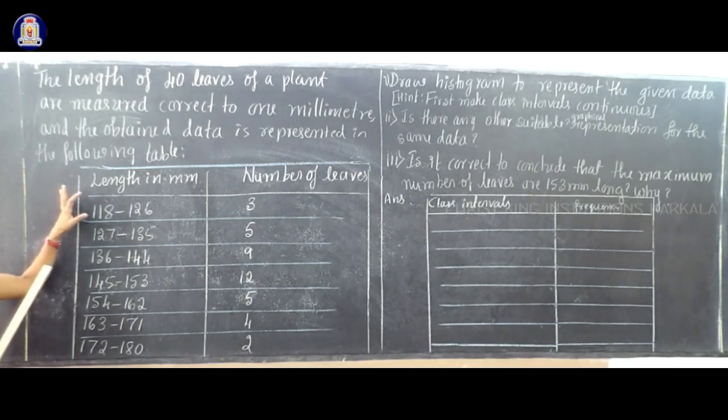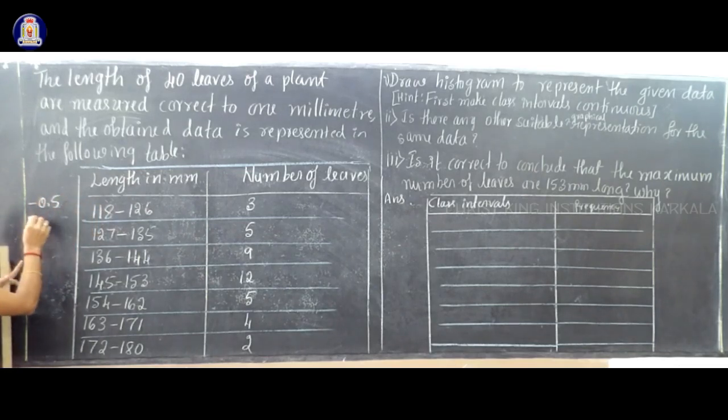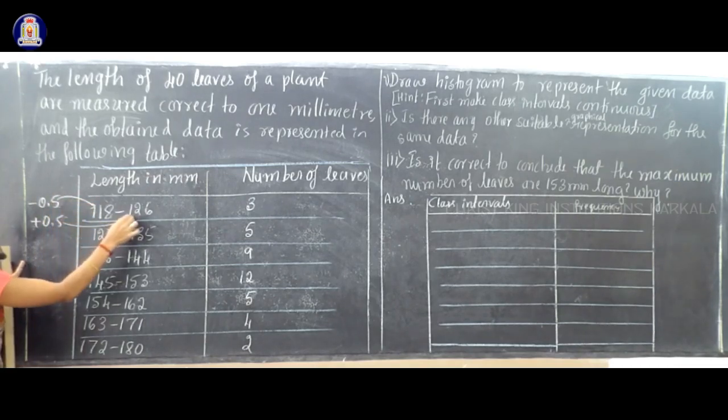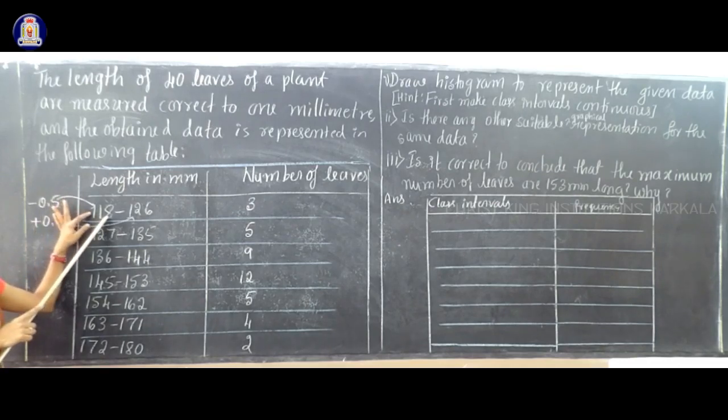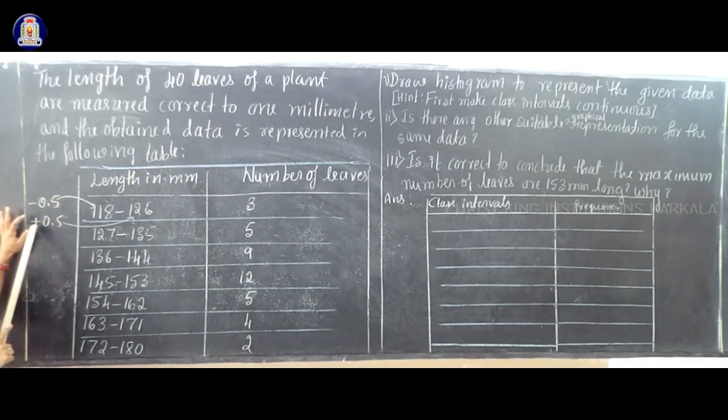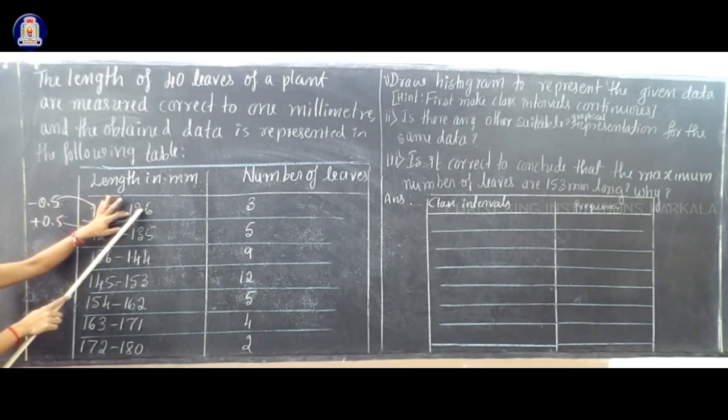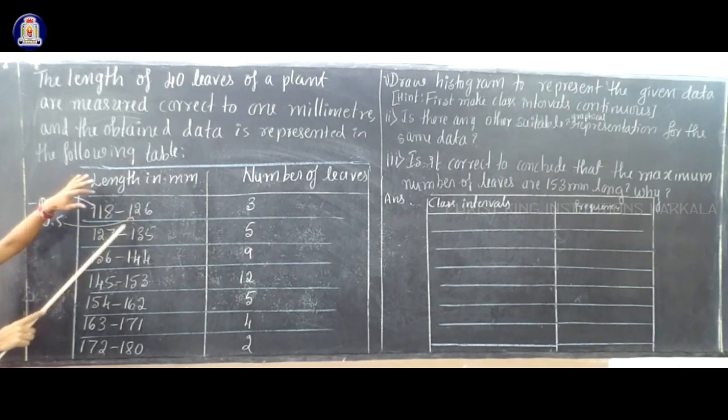How to make them continuous? For each class interval, you have to subtract 0.5 from the first number, that is the lower limit, and add 0.5 to the second number, that is the upper limit. Then you will get continuous class intervals.